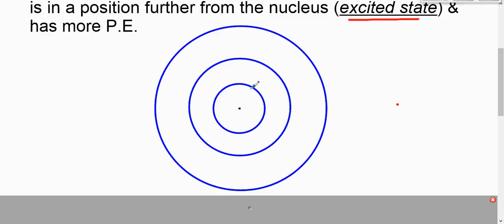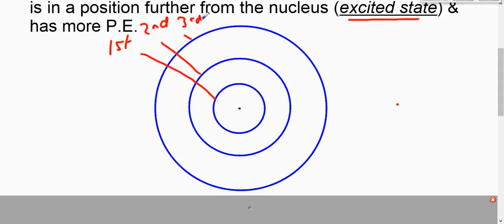We're going to call these energy levels. We're going to make this the first energy level, this one the second. And these are just positions where electrons can reside around the nucleus, certain positions.